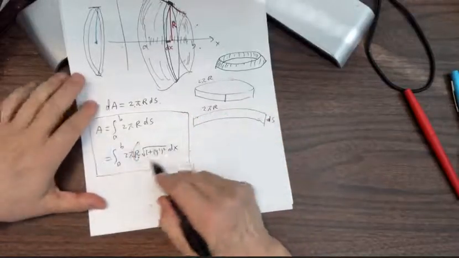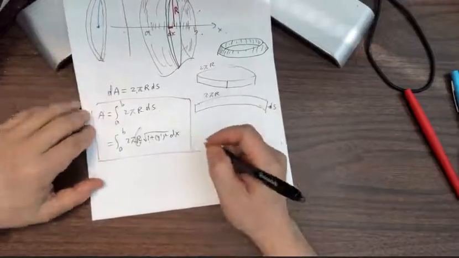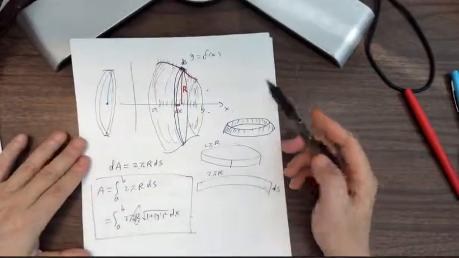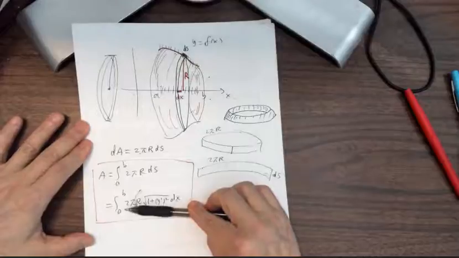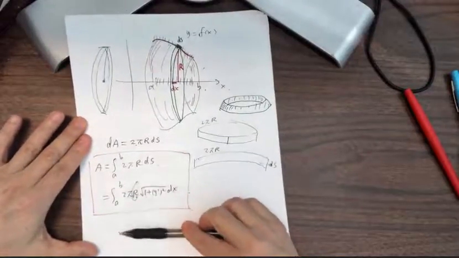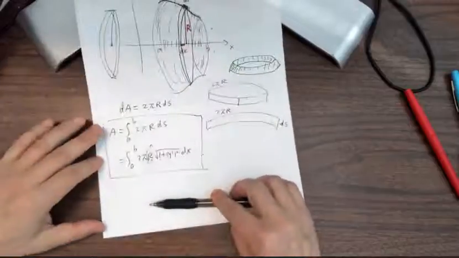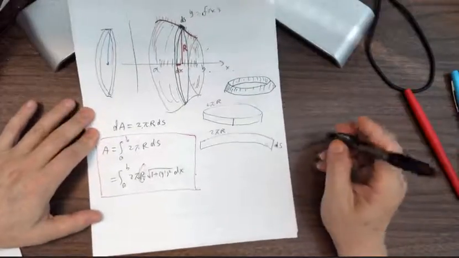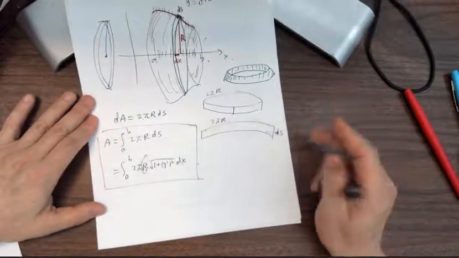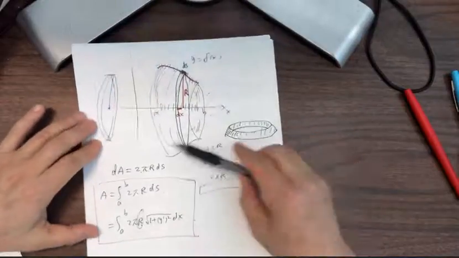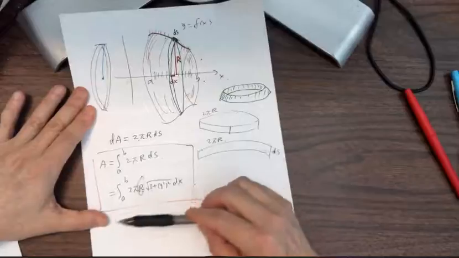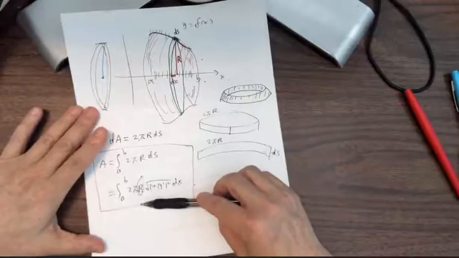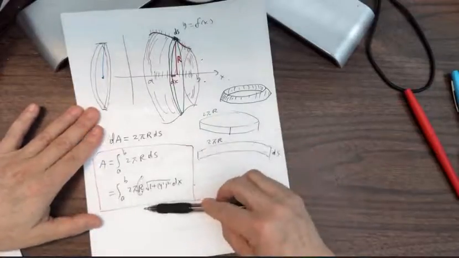So that's going to make this a whole lot more complicated. For this reason, for the surface area of a revolution, we just want to see how to come up with the formula. We don't worry about the evaluation at all, because most of the time it's impossible, and also because our focus is on the idea based on which we arrive at another definite integral. So this is considered as one more application of the definite integral.